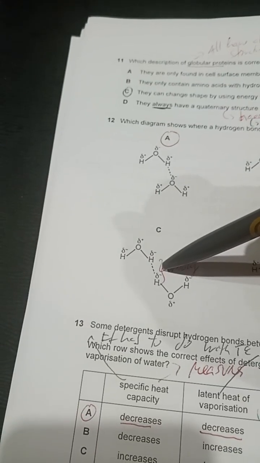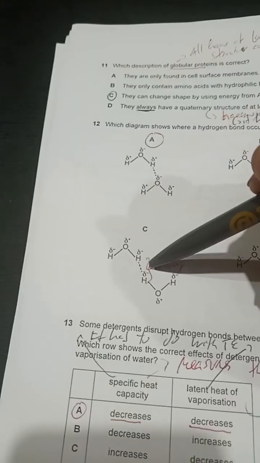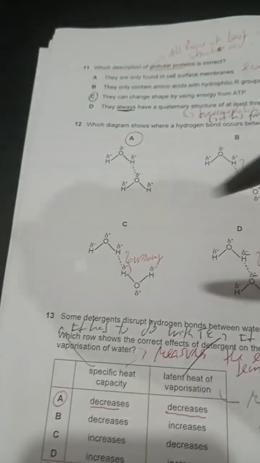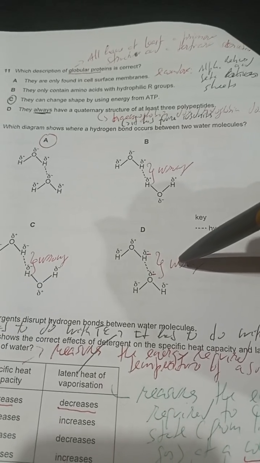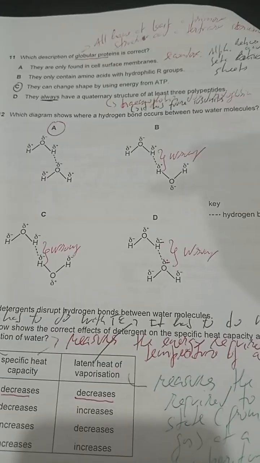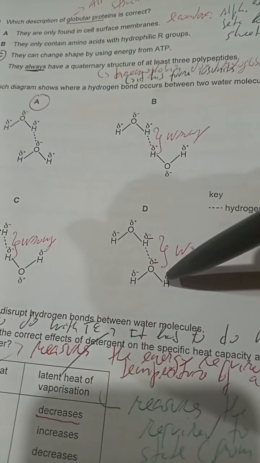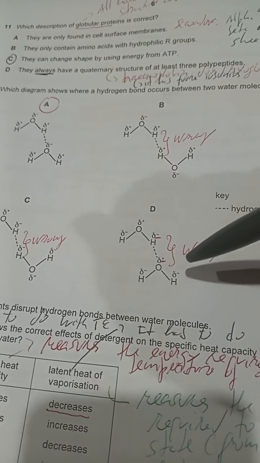That's wrong, okay, because that would mean that hydrogen is more electronegative than oxygen, which is not true. And we have D here, also wrong. You get the idea, because here they're saying that oxygen has got a partial positive charge, which is wrong, right?